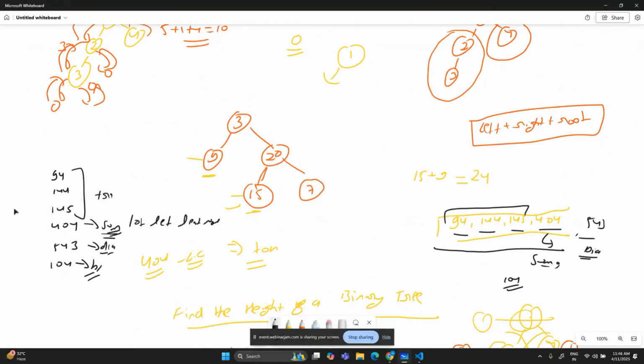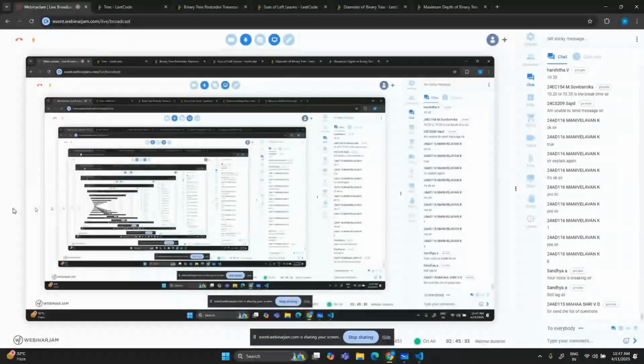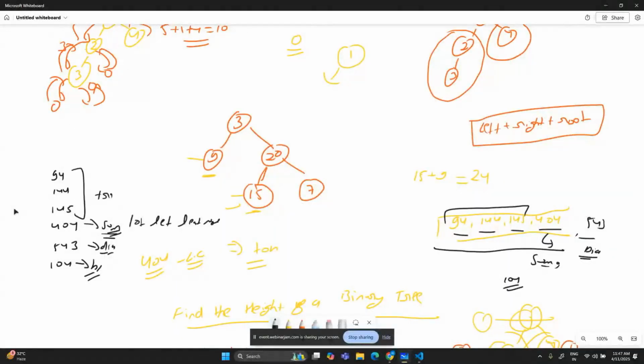Guys, note it down somewhere. Mahashri, please note down these numbers. Take a snapshot or whatever you want to take, note down these numbers. These are the LeetCode question numbers.